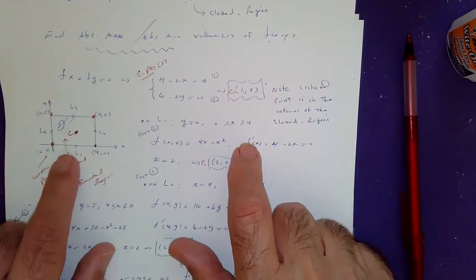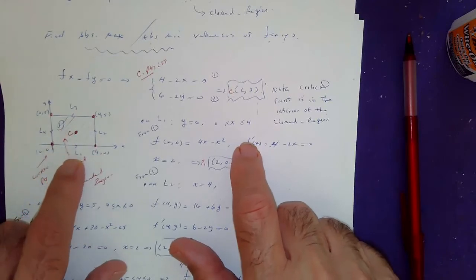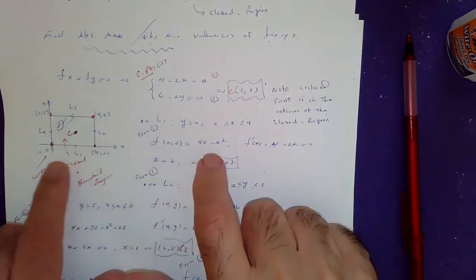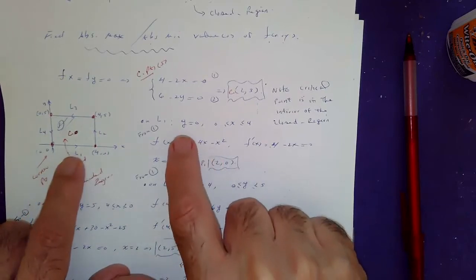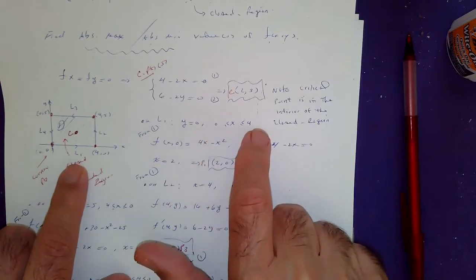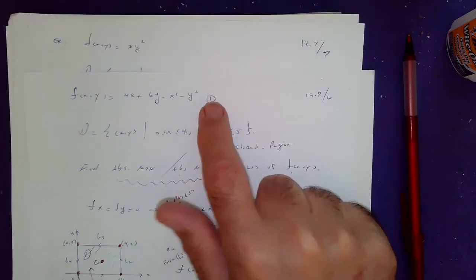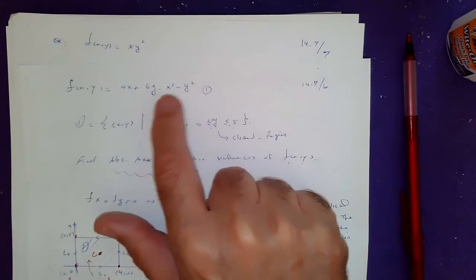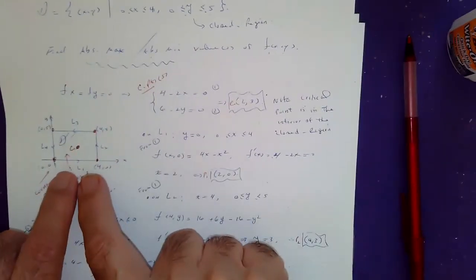The boundaries are these 4 sides of a rectangle. So what does that mean, test drive? Well, on L1, as you can tell, I'm on the x-axis, y is equal to 0, x goes from 0 to 4. So x varies, but y is constant. Go back to equation number 1, replace the y's with 0 because you are on the x-axis.